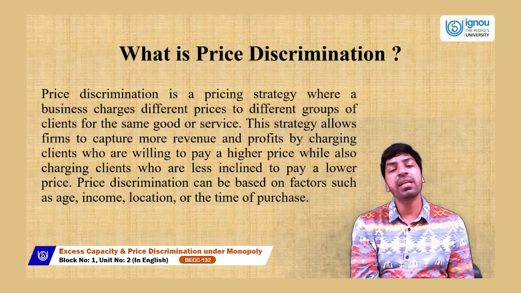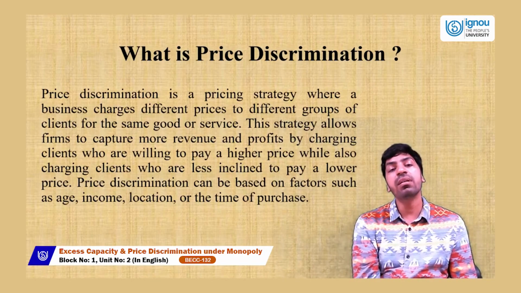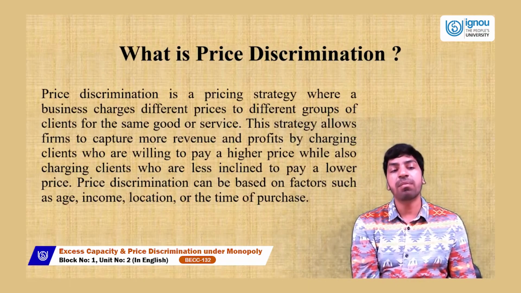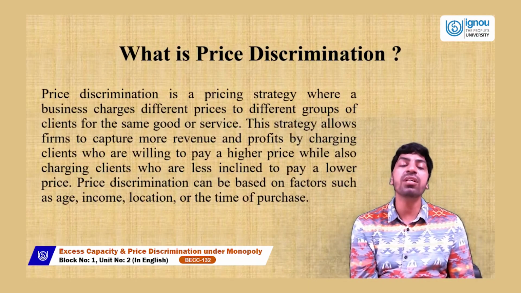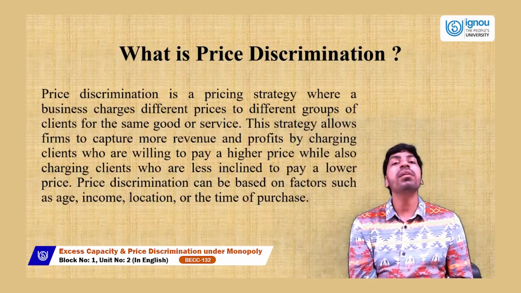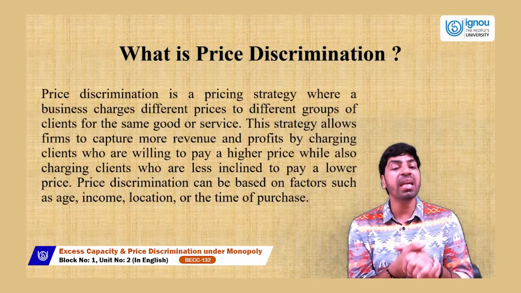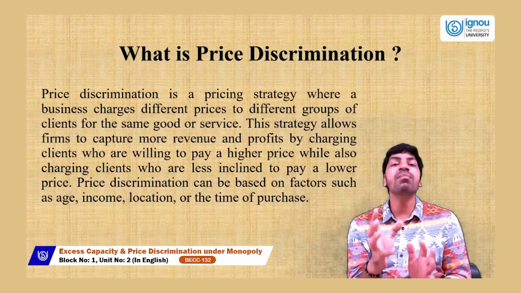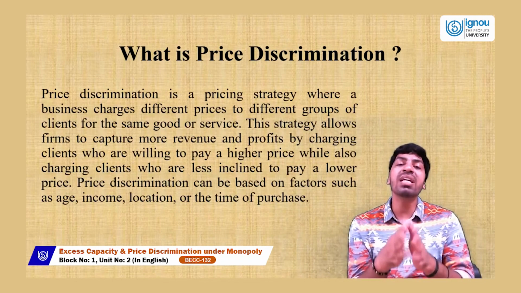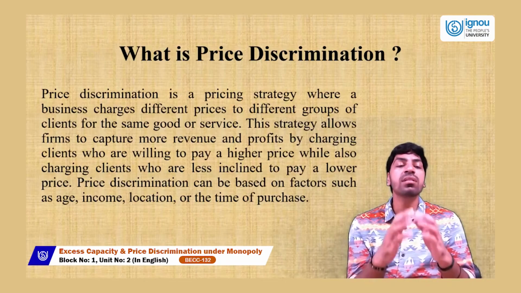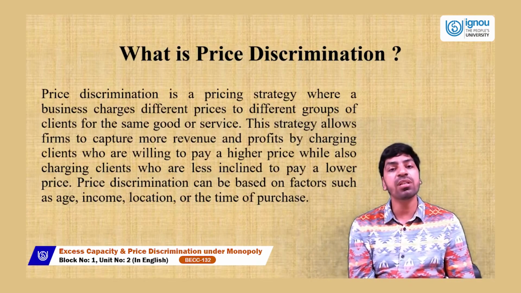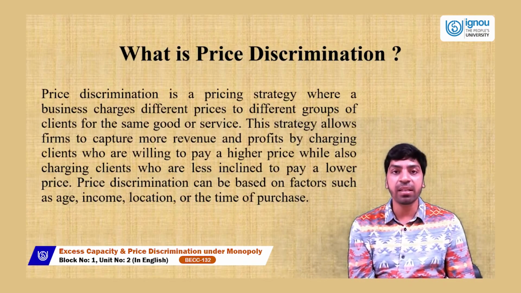Such a strategy is called price discrimination. Price discrimination is based on various factors such as age, income, location, or exact timing of the purchase and the repurchase process. So this is how price discrimination is defined.